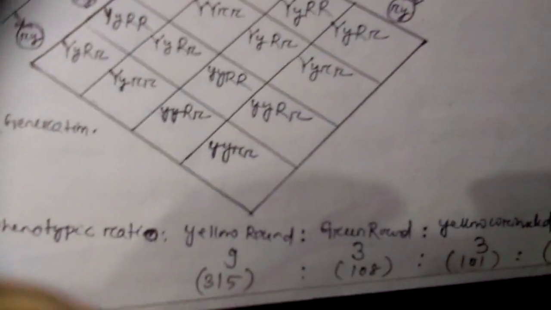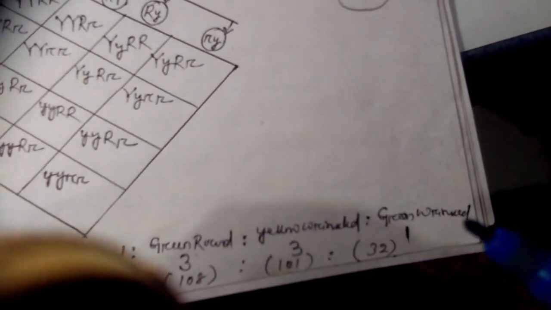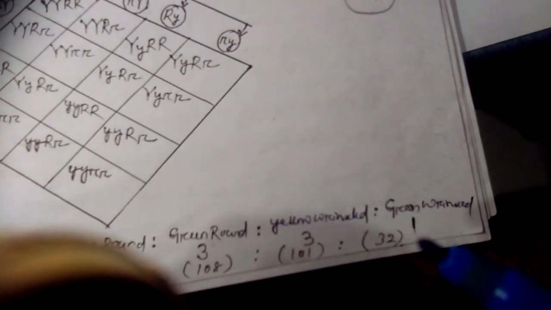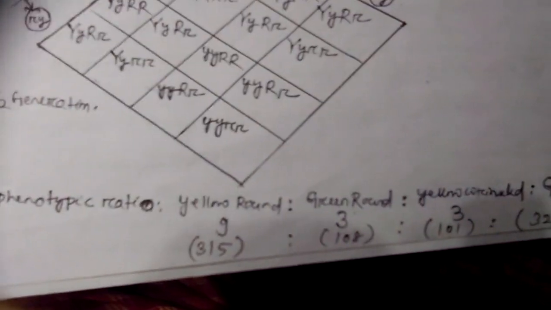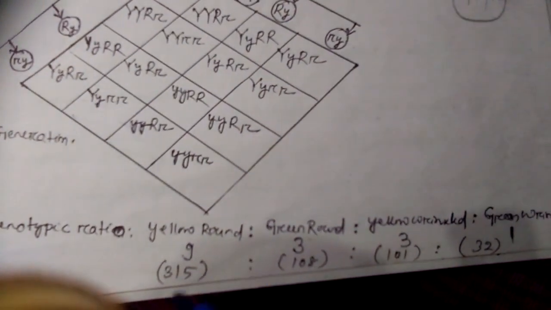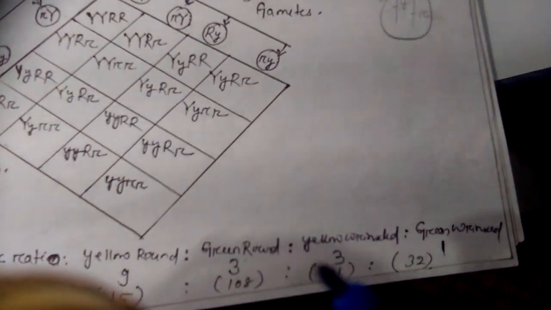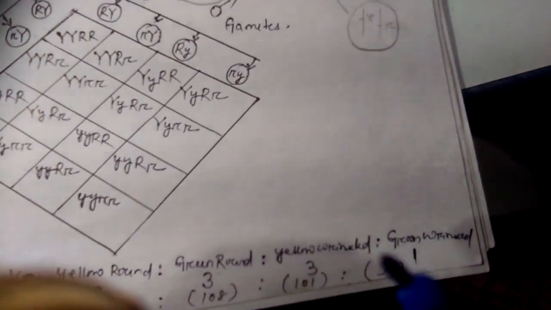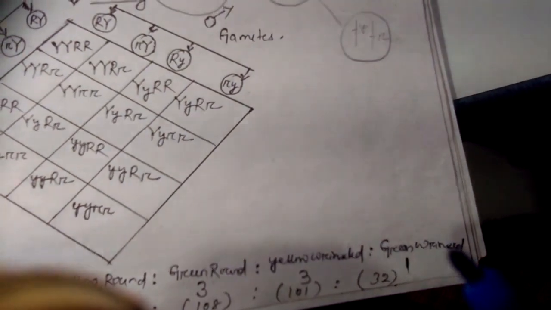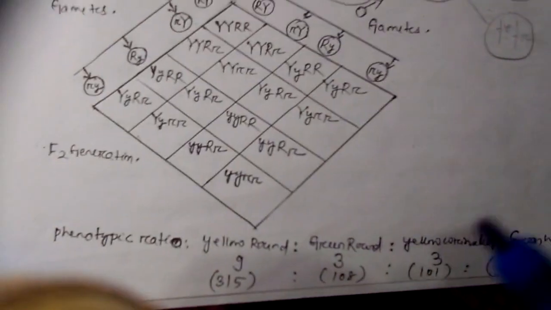In the F2 generation, you will get the phenotypic ratio: yellow round 9, green round 3, yellow wrinkled 3, and green wrinkled 1. That is the expected ratio, but when Mendel did it, he got 315 yellow round, 108 green round, 101 yellow wrinkled and 32 green wrinkled. So overall the ratio he got was 9:3:3:1. Okay, thank you.